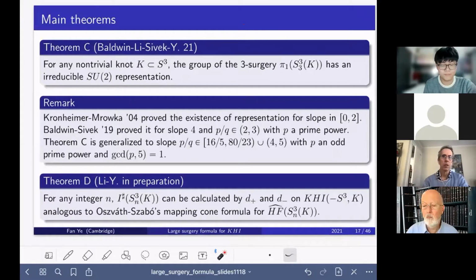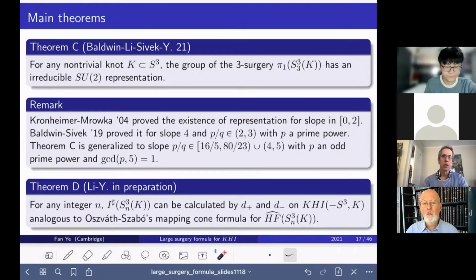There are many other inputs for this theorem, but the constraint on the Alexander polynomial for instanton L-space knots is one of the important inputs.